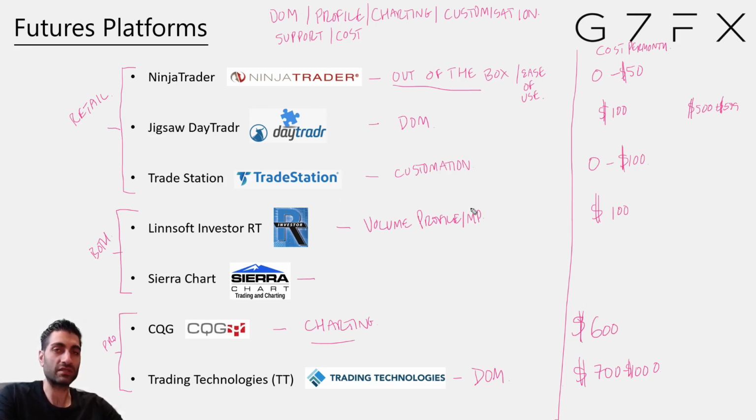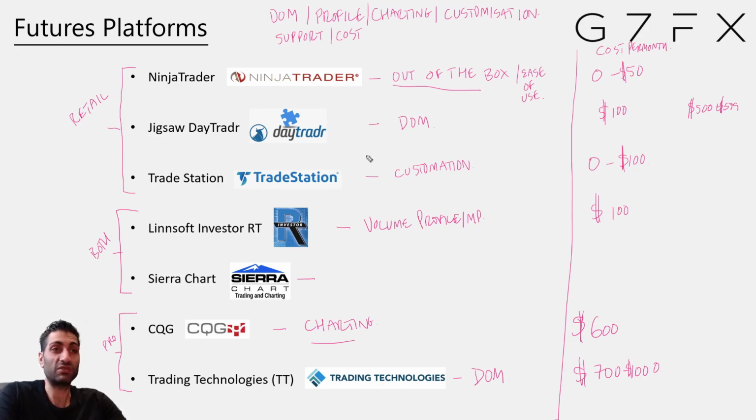Profile, Investor RT is very, very strong in the volume profile area. Charting, CQG is very, very strong. Customization, you've got TradeStation, which is really, really good from what I've been told. And then the costings are more reasonable at this end than the professional end. As you see, the costings are much more reasonable here.